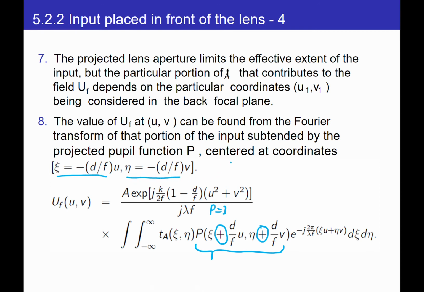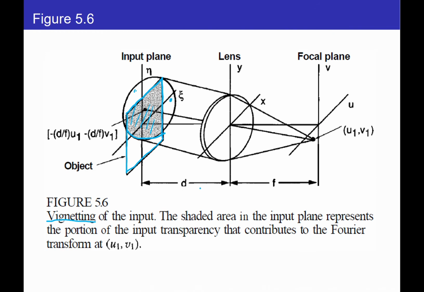So assuming the object is a distance d away from the lens, and then we have f, and then we have a certain magnification factor d over f, and then we have a new coordinate like this, and then we get this shift. So basically it is going to be shifted over here. The center is there.